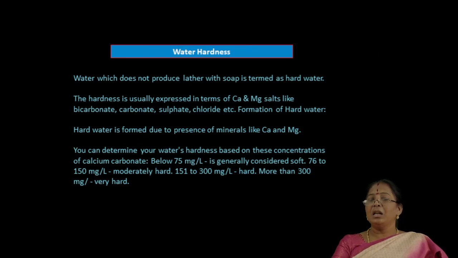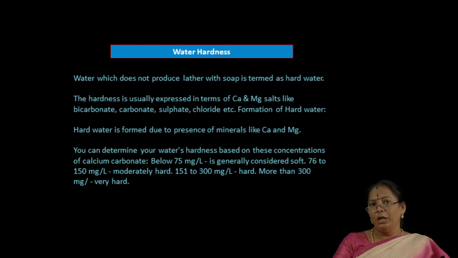What is hardness of water? There are two types of hardness: temporary hardness and permanent hardness. In temporary hardness, bicarbonate substances are higher compared to chlorides. Sodium bicarbonate and magnesium bicarbonate are the main reason for temporary hardness.